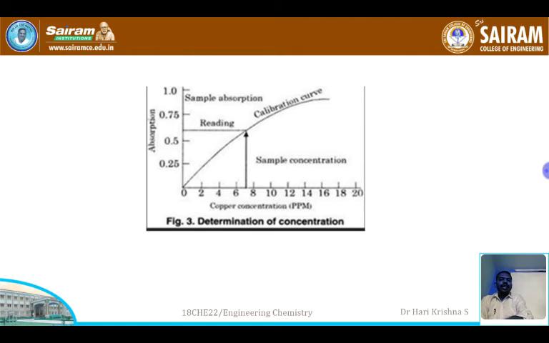From the y-axis, at the absorption value for this test solution, we're going to draw a parallel line until it touches the curve. Once it touches the curve, we're going to draw a perpendicular to the x-axis. Whatever value comes there is the concentration of the sample or the test solution given. So this is how we're going to determine the concentration of an unknown using atomic absorption spectroscopy.